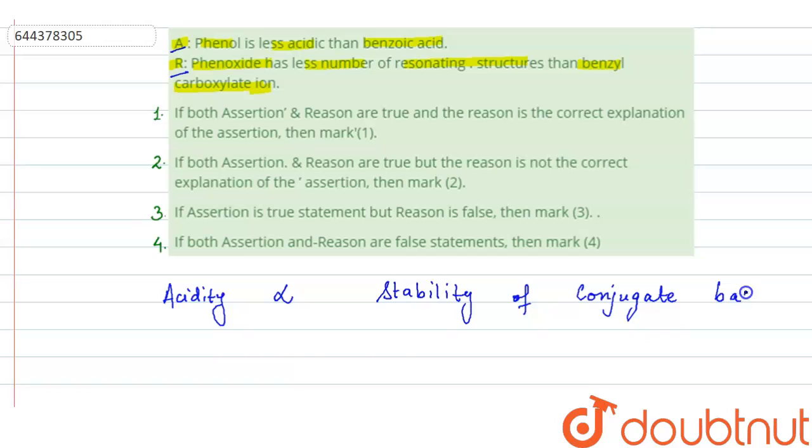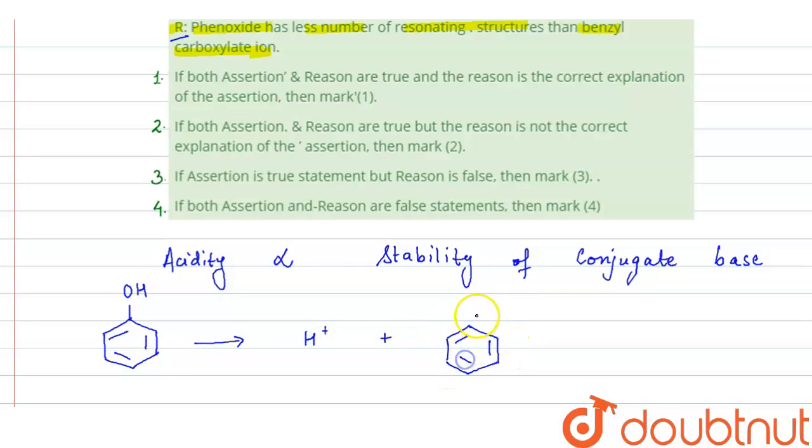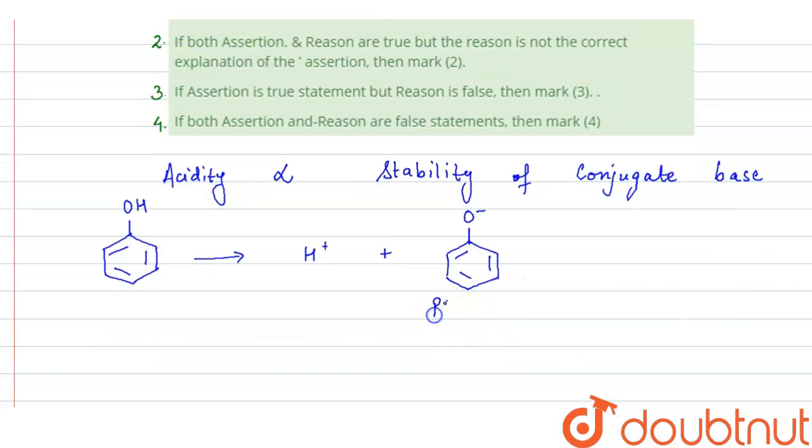So if we take phenol, phenol is a benzene ring, and on the benzene ring we have an OH group. So when it will lose a proton, we get here phenoxide ion, O negative. This is phenoxide ion. Right, so this is the conjugate base.